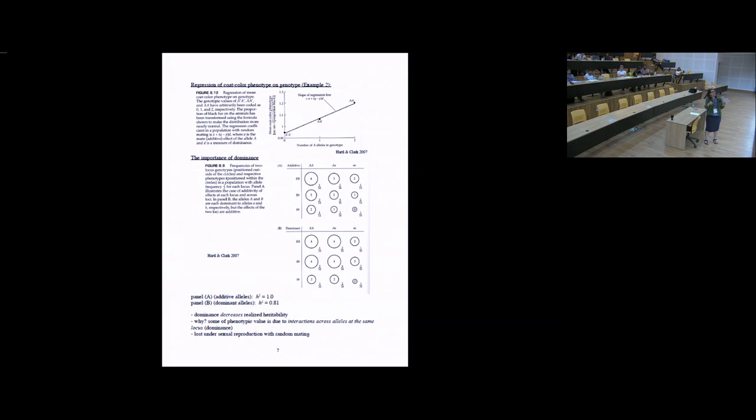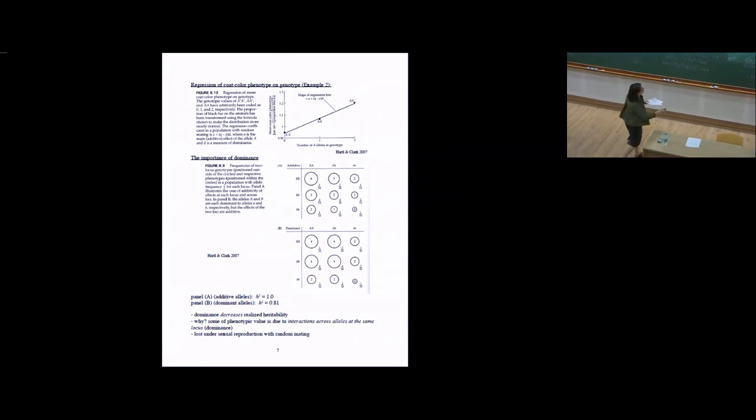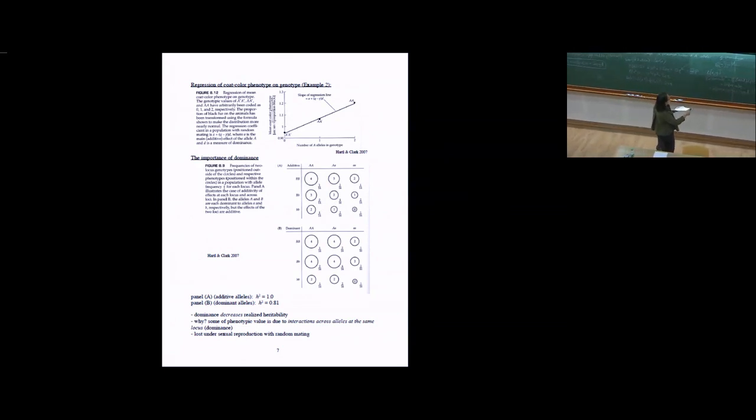And every lowercase letter, either little a or little b, doesn't add anything. And so the possible phenotypes range from 4 to 0. And here, the only thing that's changed is that there's dominance. There's no interaction between the two different loci, there's just dominance. So now the biggest one is still 4, and the smallest is still 0.